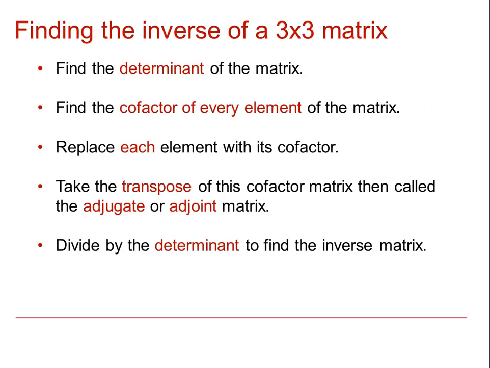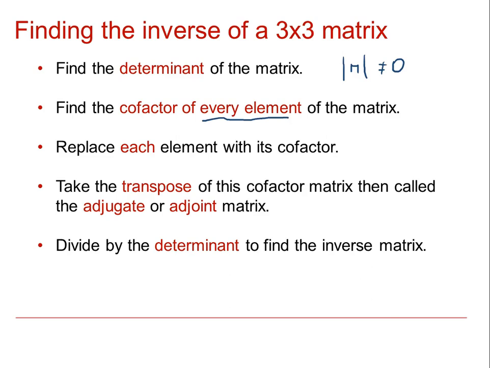So now we're in a position to go through the steps involved in finding the inverse of any 3 by 3 matrix. Firstly, we find the determinant of the matrix, and remember that for an inverse to exist, the determinant of the matrix needs to be non-zero. We then need to find the cofactors of every element and produce what's called the matrix of cofactors.